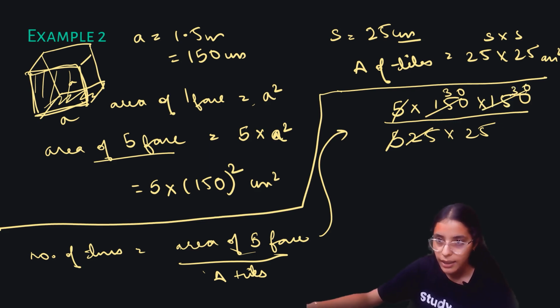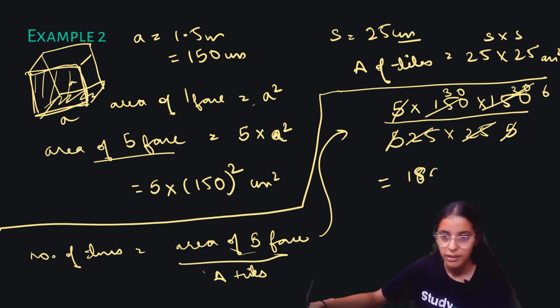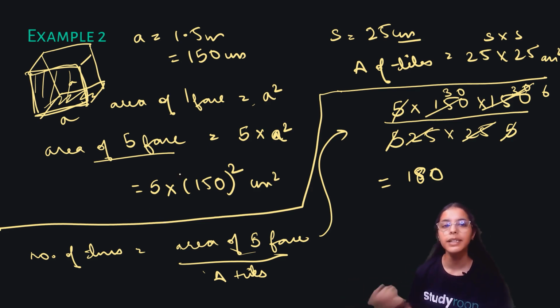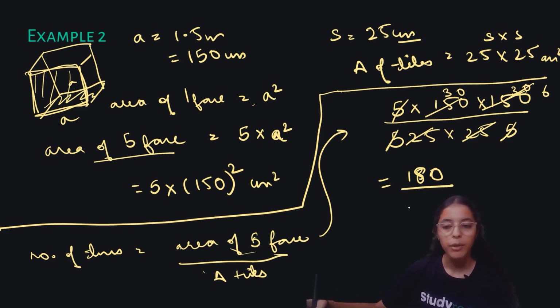So we have 30, and then we have 5 and another cut, which will give us 6. So we have the number of tiles as 180 tiles. Now you can see that without multiplying, it has become much easier to cancel these. So whenever such questions come and you have to convert these into fractions, do not simply multiply, because it will make your calculations harder. So we have the number of tiles as 180.